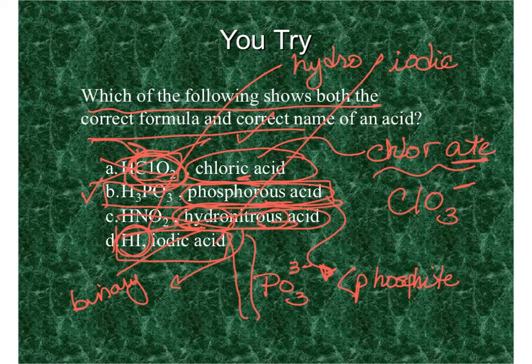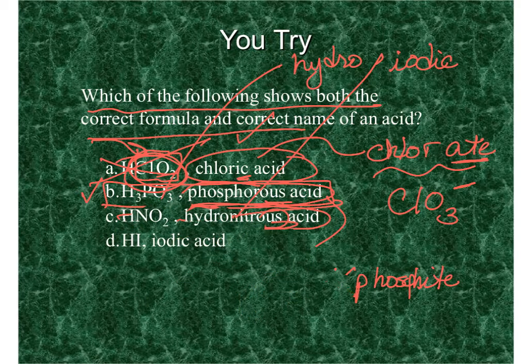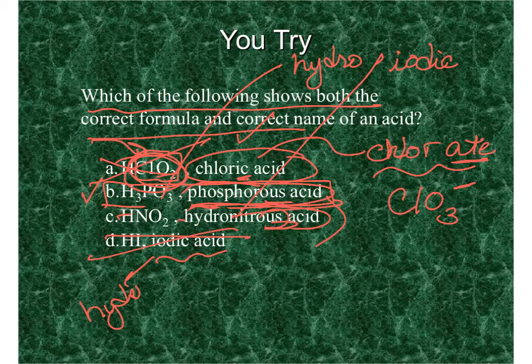And you can see now that there is an issue because the name they gave it is missing the hydro. So that's a problem. So the only one that is correct is C.